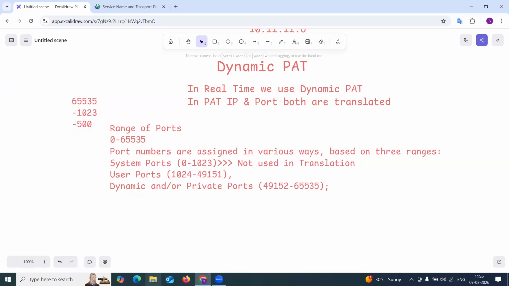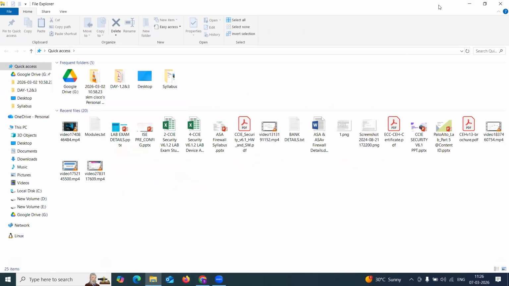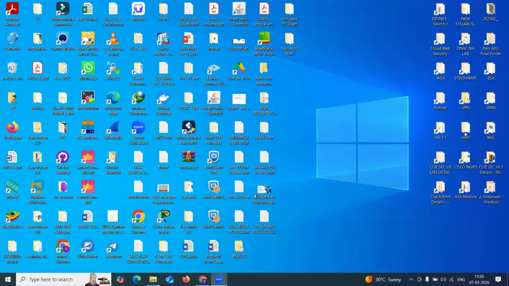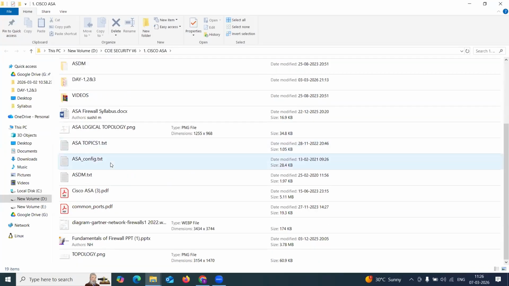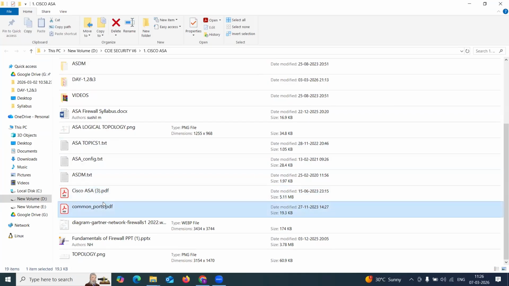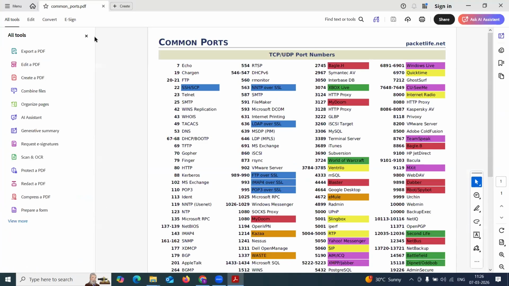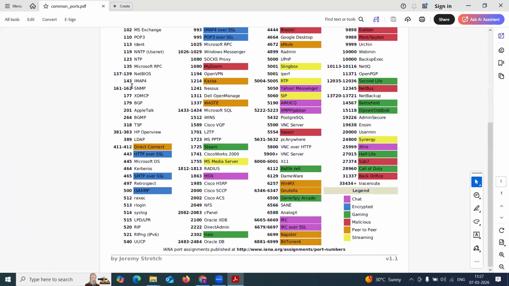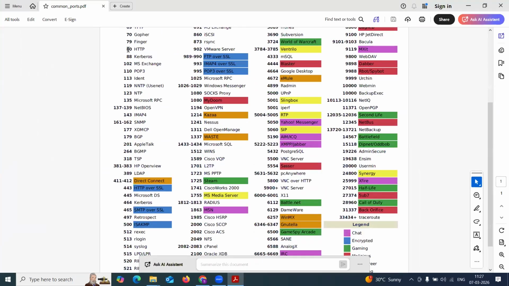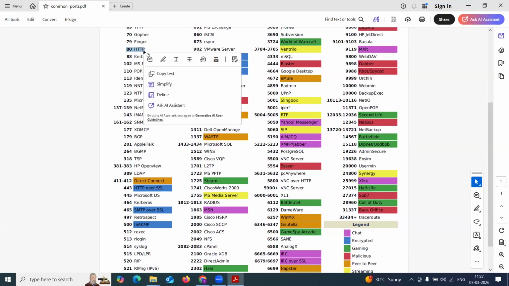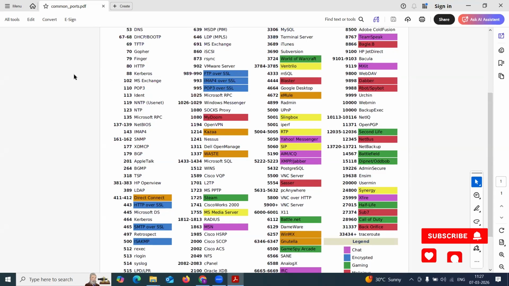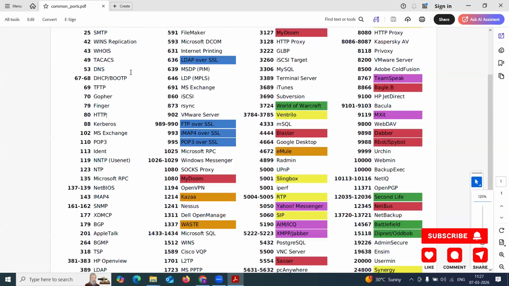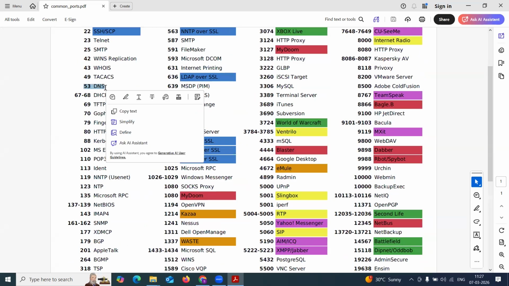Reason, if you see the range of port numbers, if you see common port numbers here, these are standard port numbers, you can't change them. For example, 80 is for HTTP. Can you change this? No. We use 53 for DNS.